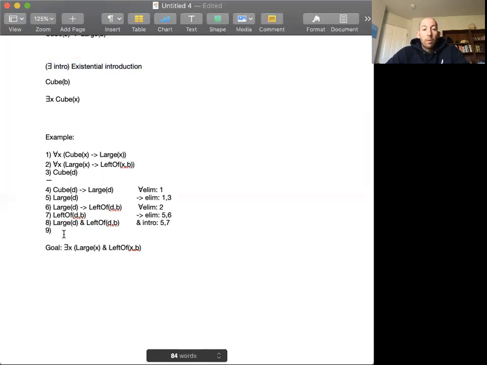So I'm now going to replace the instances of D in these two spots with the variable x, and I'm going to put up front the existential claim.